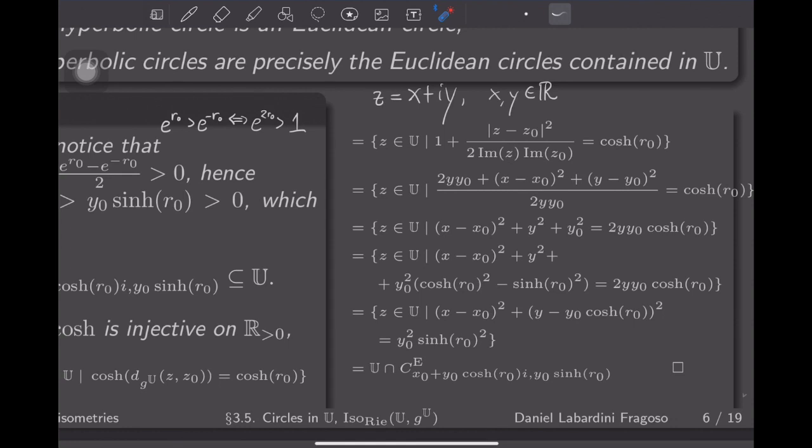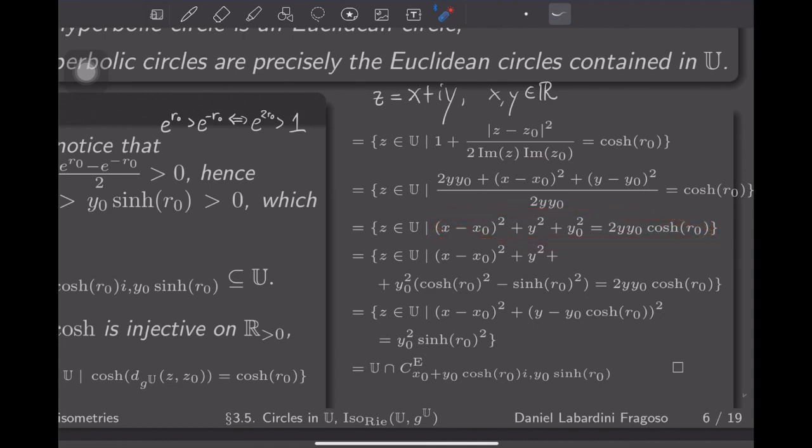Now these 2yy naught disappear with the minus 2yy naught from the square, and so from this square only y squared plus y naught squared survives. Then this survives, and this is cancelled. Furthermore, this I can just move to the other side. All numbers involved here are positive, so no problem. So this equality is equivalent to this equality.